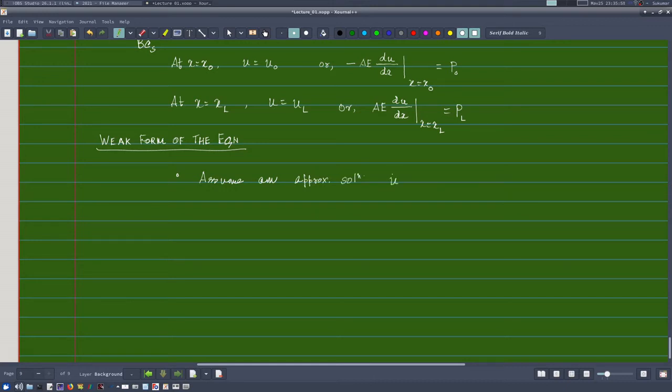So we may call it, say, U tilde. And this approximate solution, usually it is assumed, it may be of any form, it may be any function of x in this case, but usually polynomial form is more preferred. Okay, so U is a polynomial in X most commonly.